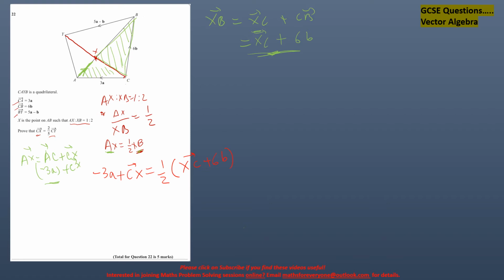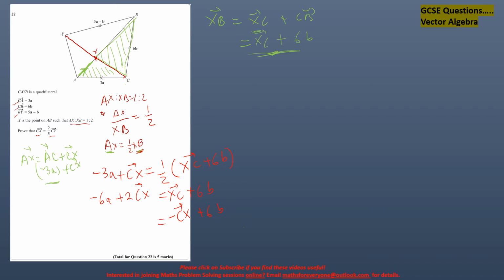Okay, so if you now multiply both sides by 2, you get minus 6A plus 2CX equals XC plus 6B. Now XC we can write as minus CX plus 6B.